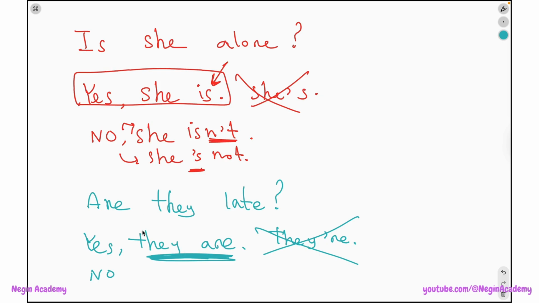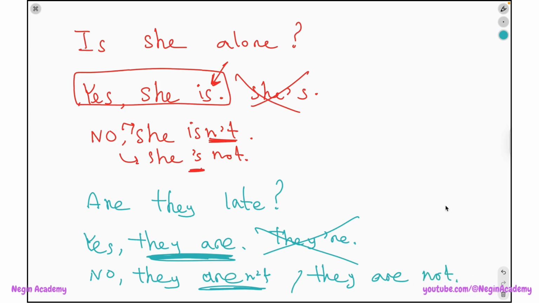But then for the negative form, we could say no, they aren't. No, they aren't. Or I could say no, they are not, the full form. You can use the full form. Or another option is that I'm going to write it here. Let's look at here. They're not. They're not.